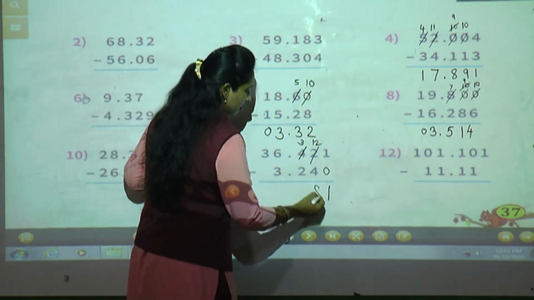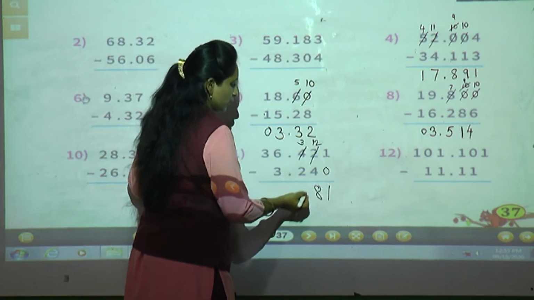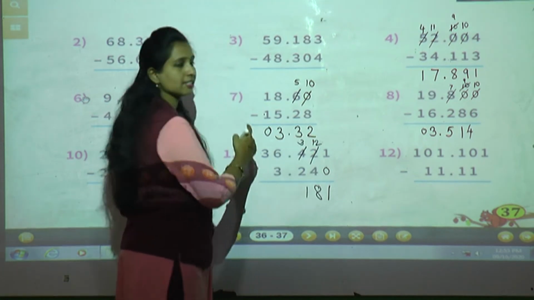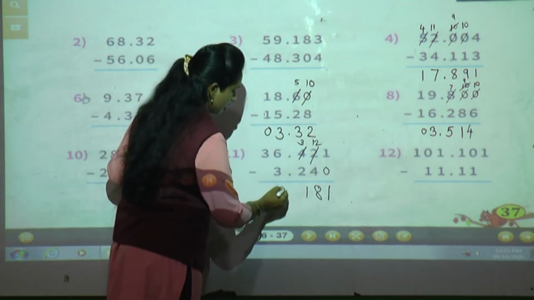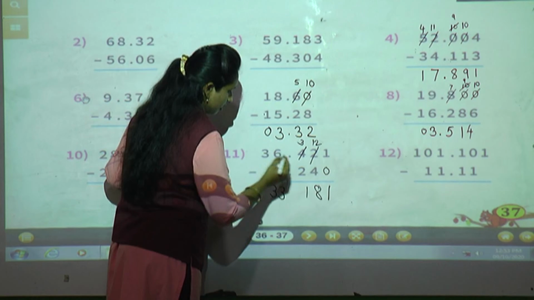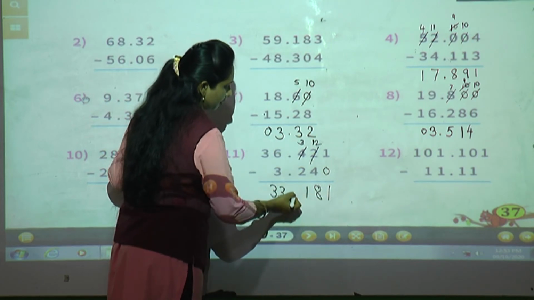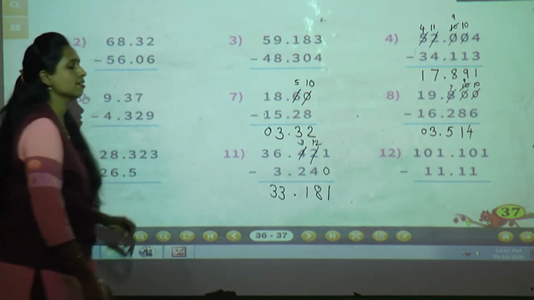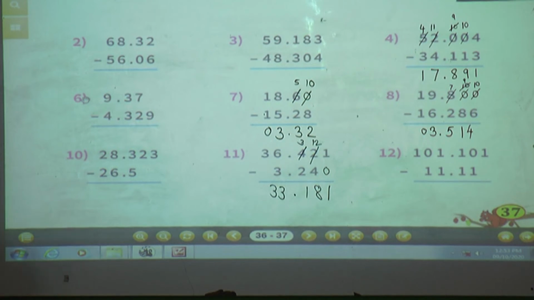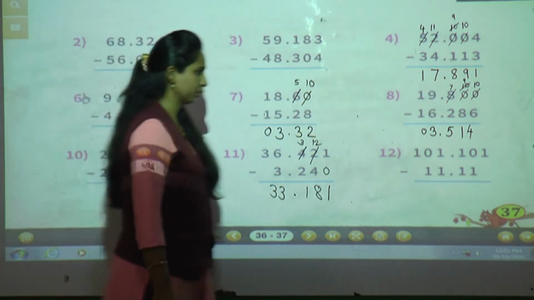So what is the answer? 8. 3 minus 2 is 1. 6 minus 3 is 3 and 3 as it is. Give the decimal point after 3 digits. So what is the answer? 33.181. Clear? Now the last one, one more sum I will solve for you, the 12th one.